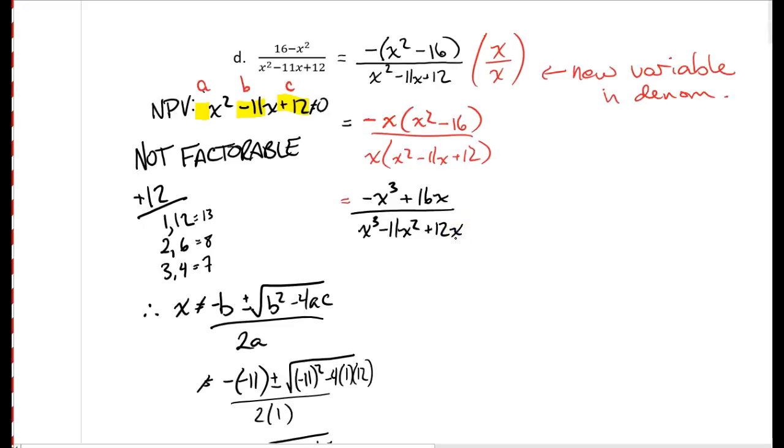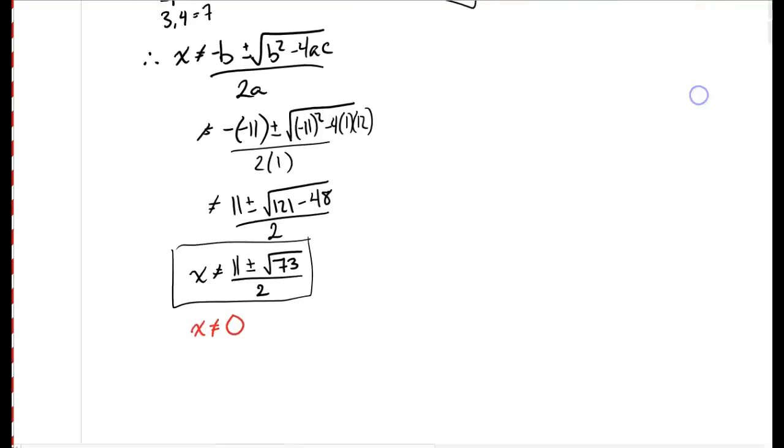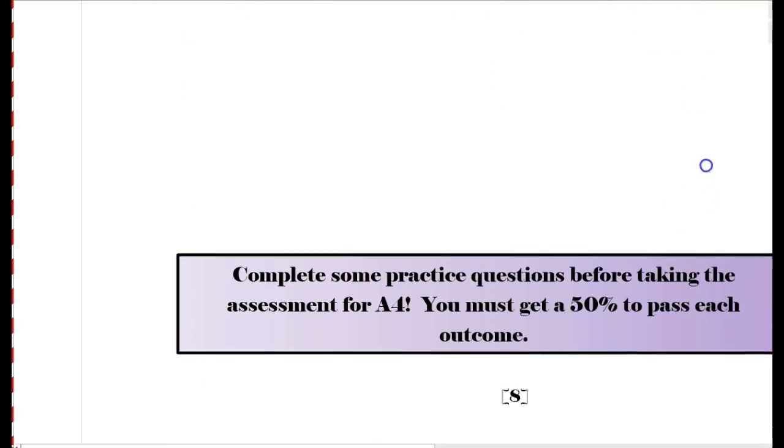And I'm done. So technically this is equivalent to my original question. It looks even more complicated though. So again, usually we're going to be looking to divide by 1, not multiply by 1. That's good practice just the same.